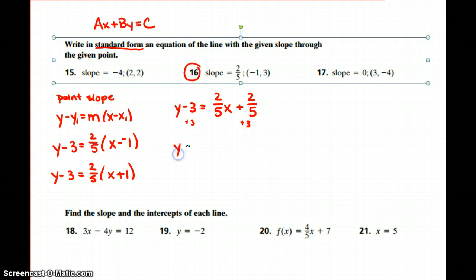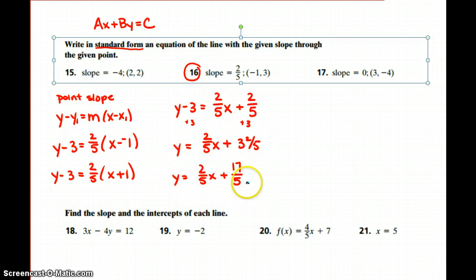And I have y equals 2/5 x plus, now you could write this as 3 2/5, or you could write this as an improper fraction. Again, 3 times 5 is 15 plus 2 would be 17/5. You could write it as a decimal as well, but we're typically going to write things either as mixed numbers or more likely as improper fractions.